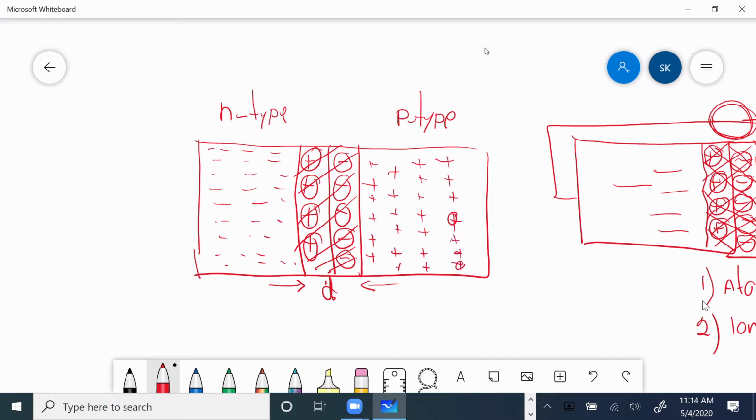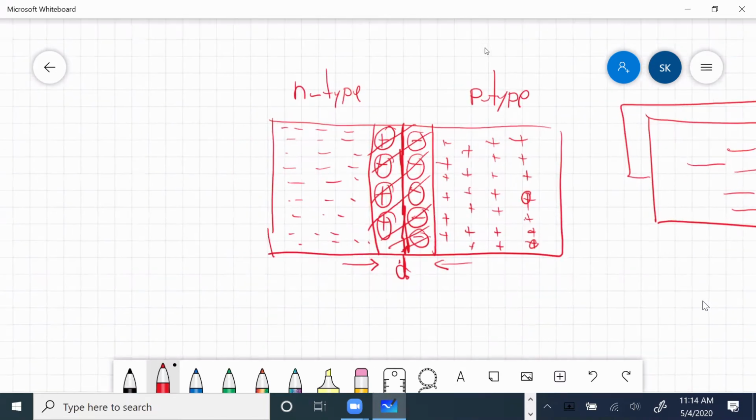Anyway, that is our semiconductor now. That is our p-n junction. There is a junction. Just in the near vicinity of this junction, there is a depletion region. From then on, there are just two pieces of material, N-type and P-type.